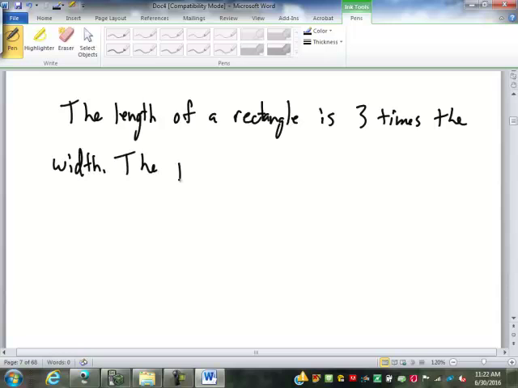The perimeter is 72. Find the length and the width.